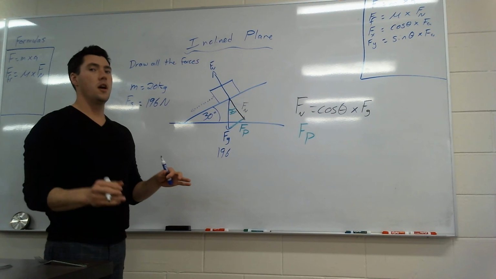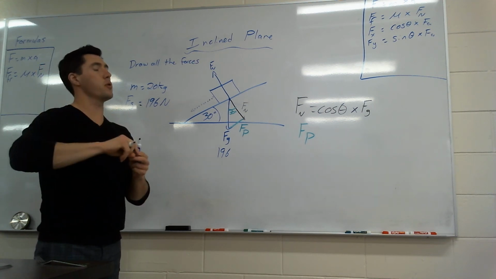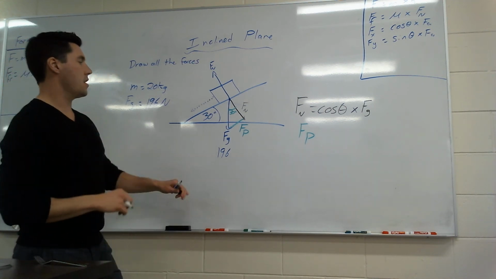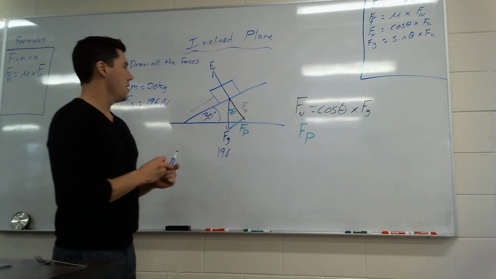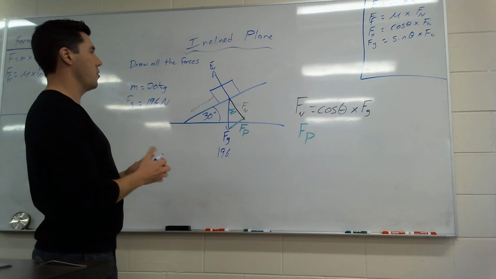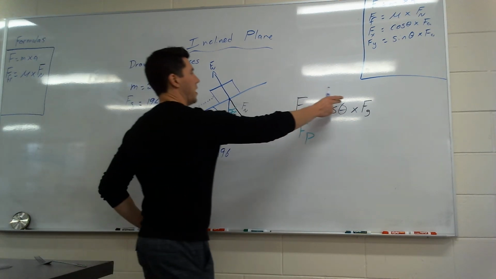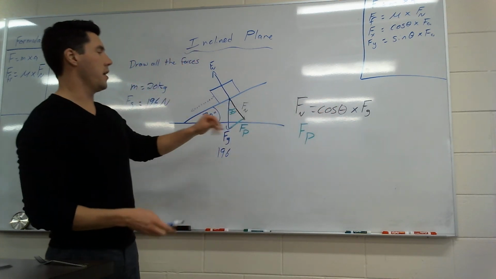Last week, when we were breaking the angles apart, it was because our force applied was at an angle. This time, our force of gravity is going to be broken into different parts for angles. So that's how we find our force normal: cos theta times gravity. You can kind of see hopefully where I got that from here.